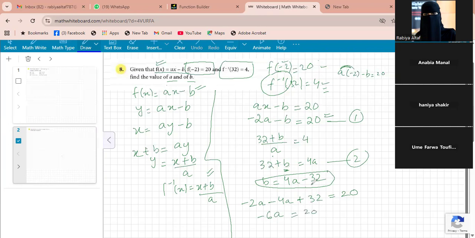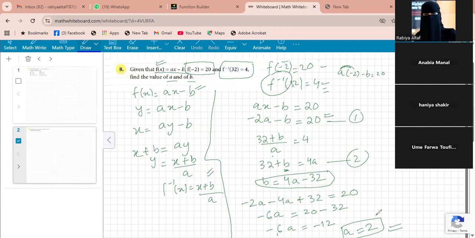After shifting this 32 towards the right side, it will be minus 32. And what will be 20 minus 32? 12. Minus 12. And then we need to shift 6 as well. After dividing by 6, we will get our final answer, which is 2, right? We are done with the value of a.